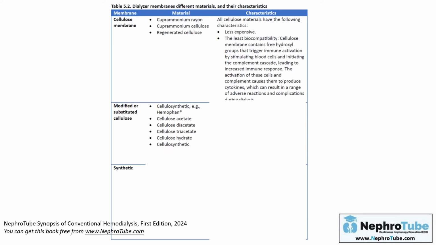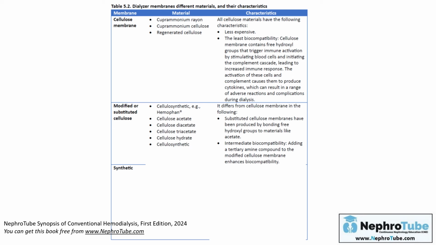These are multiple examples. The most famous of them may be Hemophan. The modified cellulose is more compatible than cellulose membrane, but less compatible than synthetic membrane. That's why we are saying here that it has intermediate compatibility.